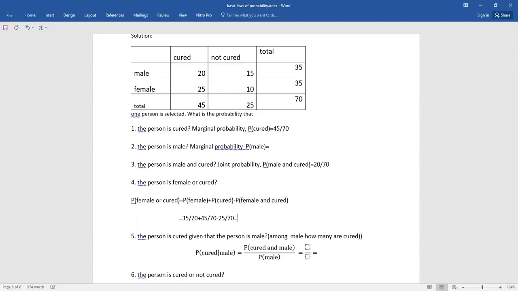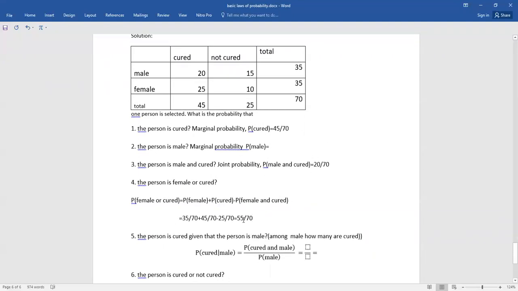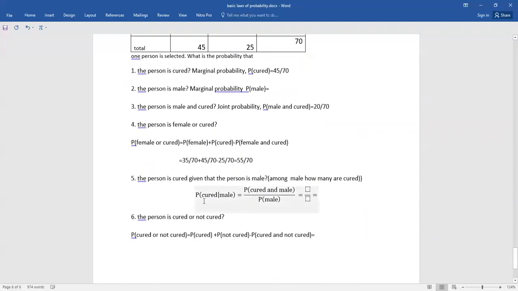If you do the mathematics, it will be 55 over 70. So this is the probability of female or cure, 55 over 70. If a selected person is female or cured, or both, it will be 55 over 70.